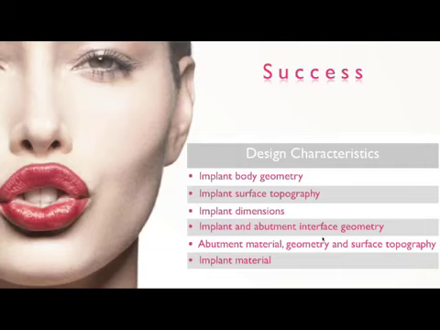The implant and abutment interface geometry has been, again, the focus of a lot of research recently, especially from the standpoint that that abutment interface affects the stability of the bone and the stability of the tissues.